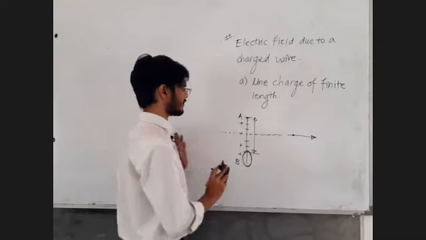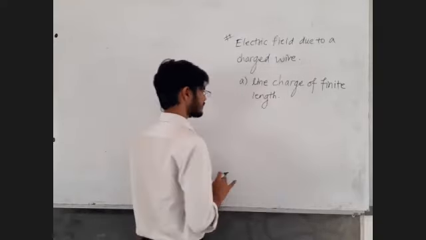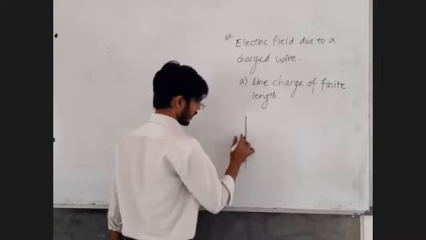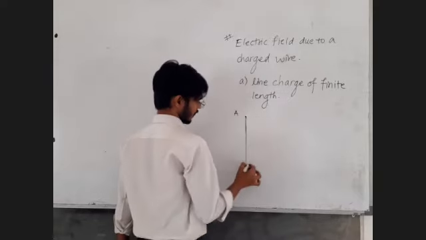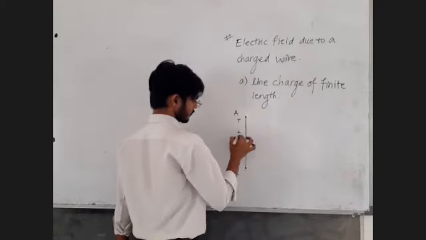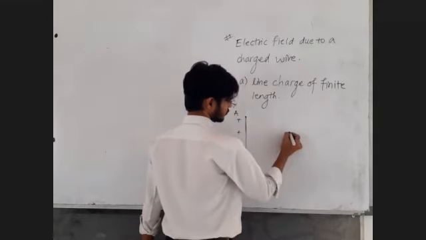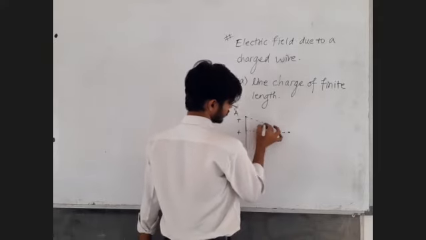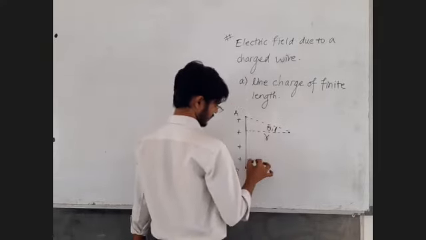What does that mean? It simply means this. Now you can draw along with me. If you have a wire that starts at point A and ends at point B, and at any given point, let's say this angle is theta 1 and this angle is theta 2.